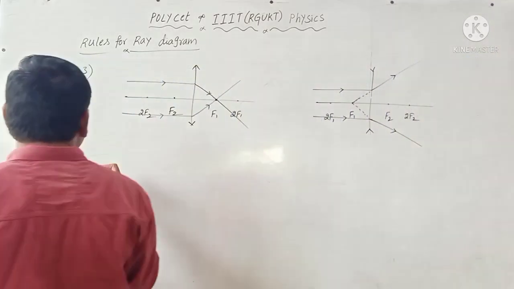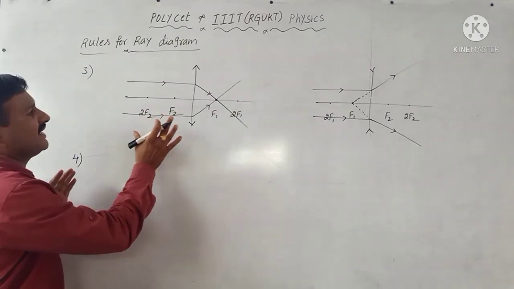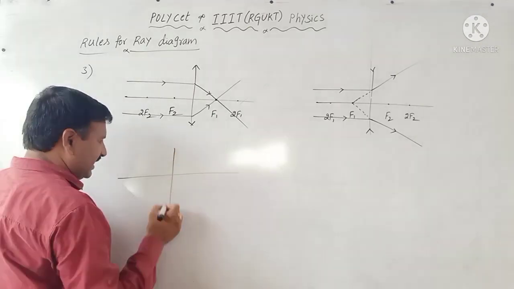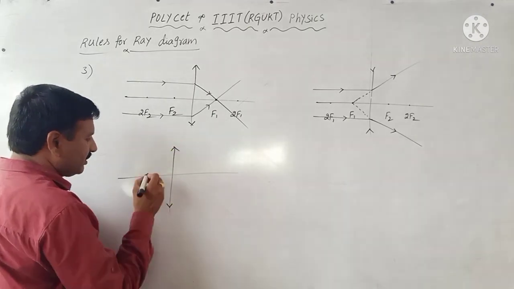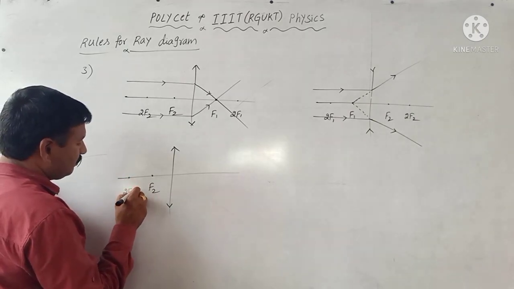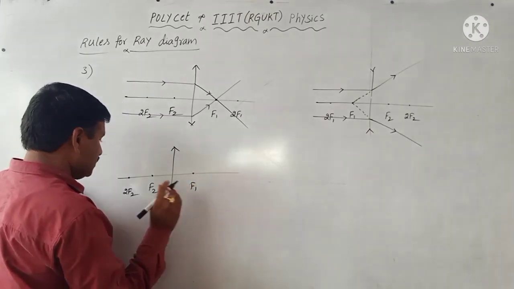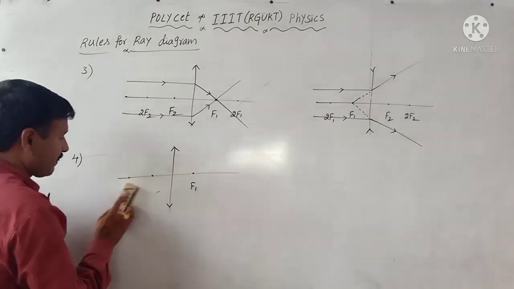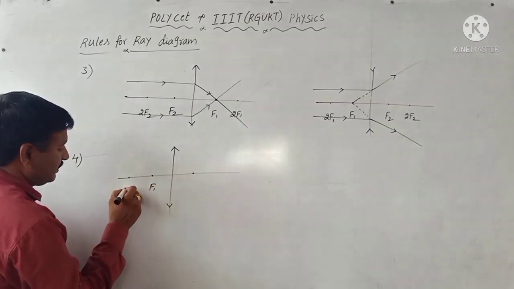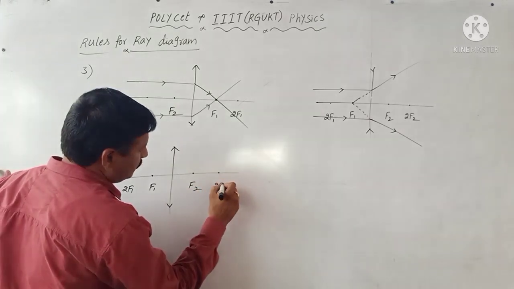After that, rule 4. What is rule 4? Rule 4 says exactly the opposite of rule 3. So again we take the convex lens, and here F2, 2F2, and here F1, 2F1, F2, and 2F2.